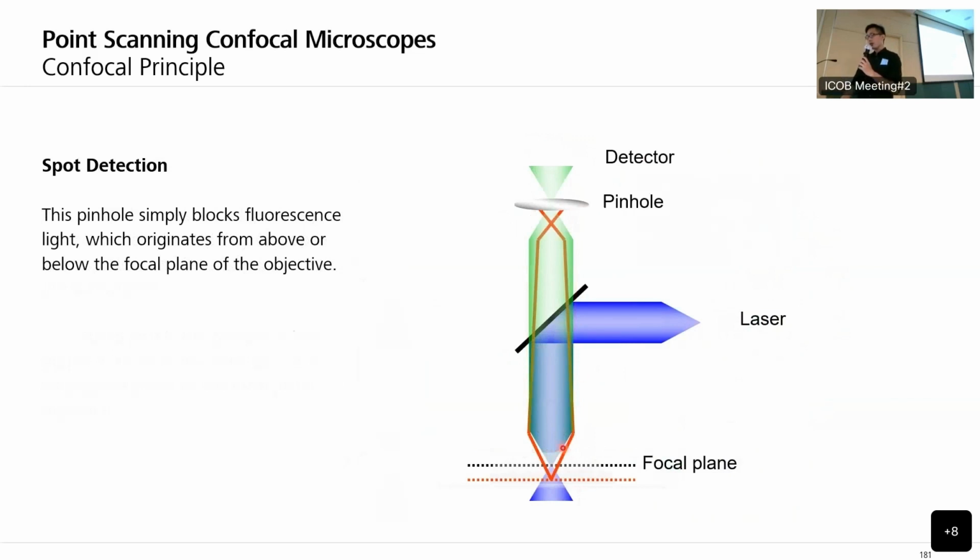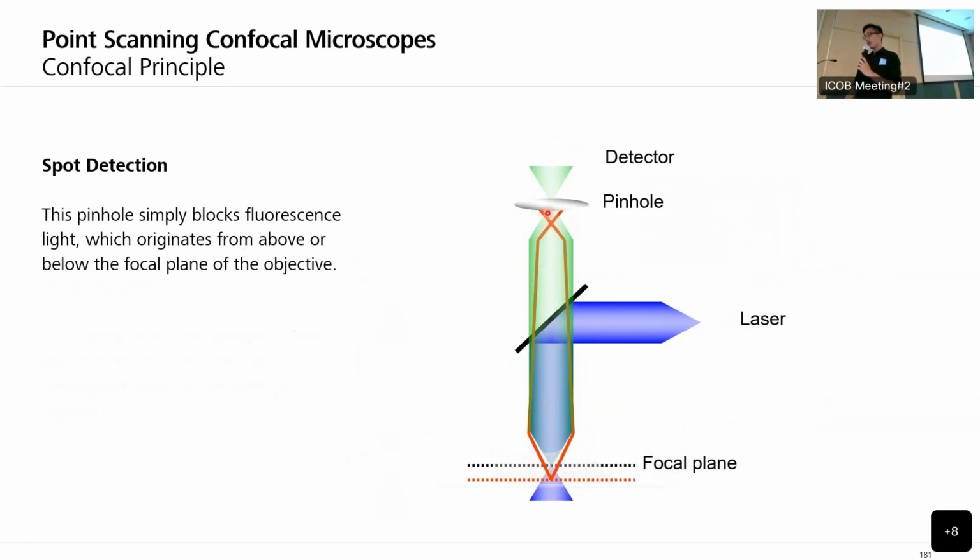So here, for example, the signals just come from this plane, the red one, then converge before the pinhole. Then, because the light just spreads, right?